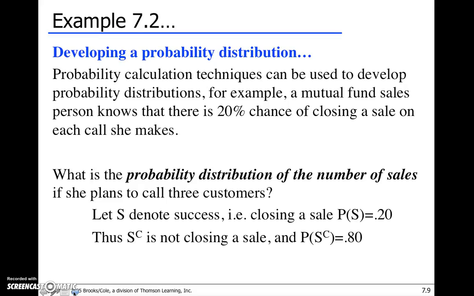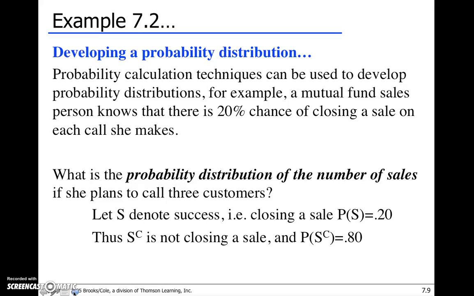Developing the probability distribution. Probability calculation techniques can be used to develop probability distributions. For example, a mutual fund salesperson knows that there is a 20% chance of closing a sale on each call she makes. What is the probability distribution of the number of sales if she plans to call 3 customers?